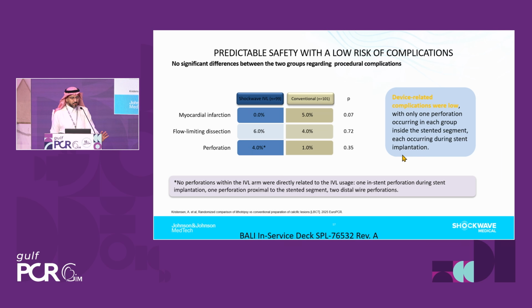So it is not the modality itself, it's what is after that. No perforation within the IVL arm was directly related to the IVL usage. One in-stent perforation during the stent implantation, one perforation proximal to the stent segment, and two distal wire perforations.